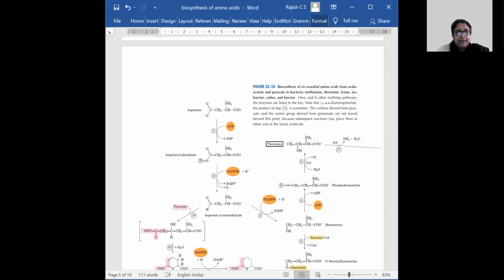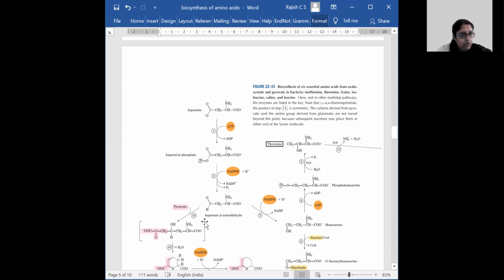And then the aspartate beta semi-aldehyde dehydrogenase. So this is a dehydrogenase enzyme that converts one NADPH to NADP plus, and that will actually remove this phosphate group as well and convert it to its semi-aldehyde form.